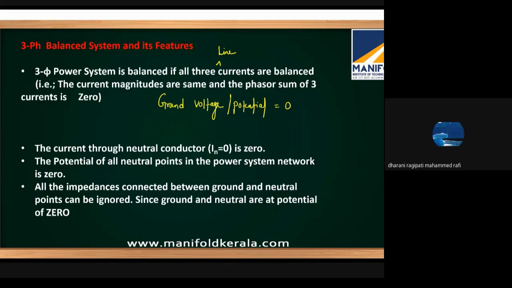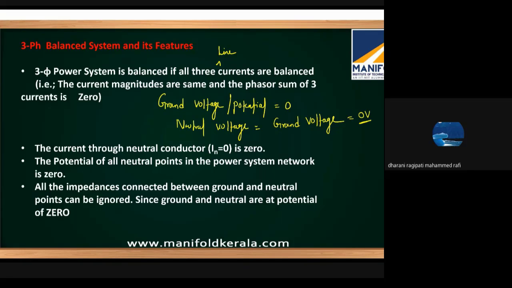So in a balanced system, what happens? Your neutral voltage will be equal to ground voltage. Okay, neutral voltage is equal to ground voltage. Understand? That is equal to 0 volt.